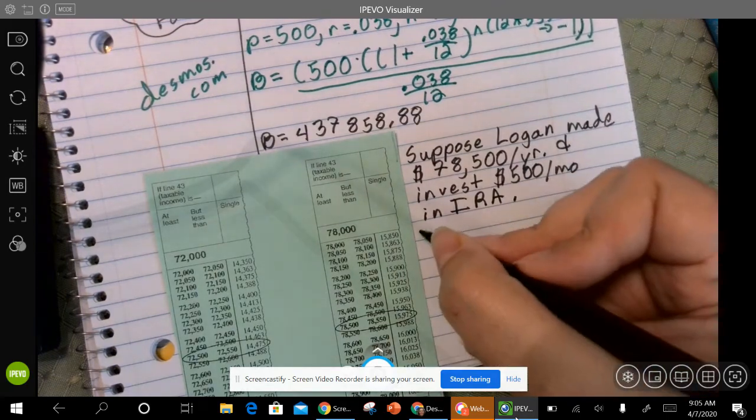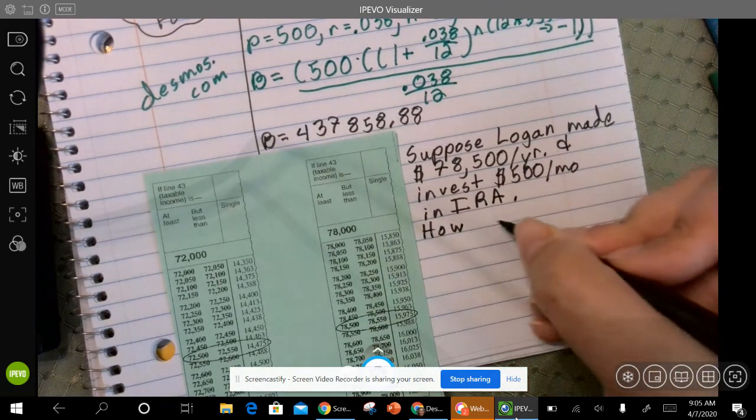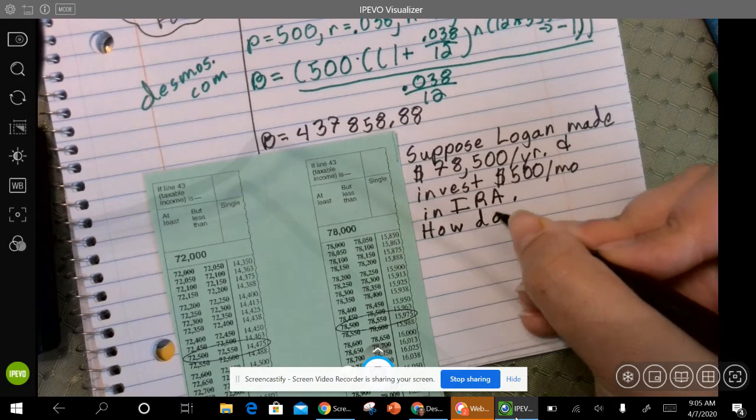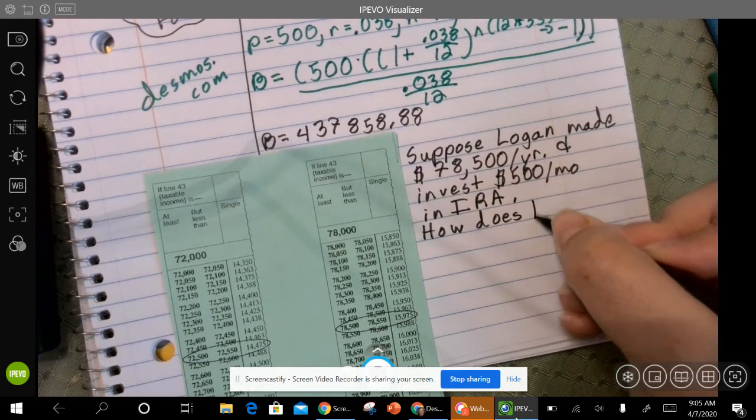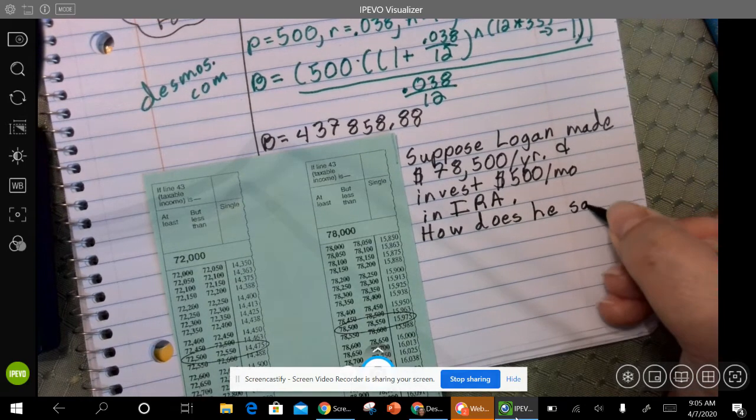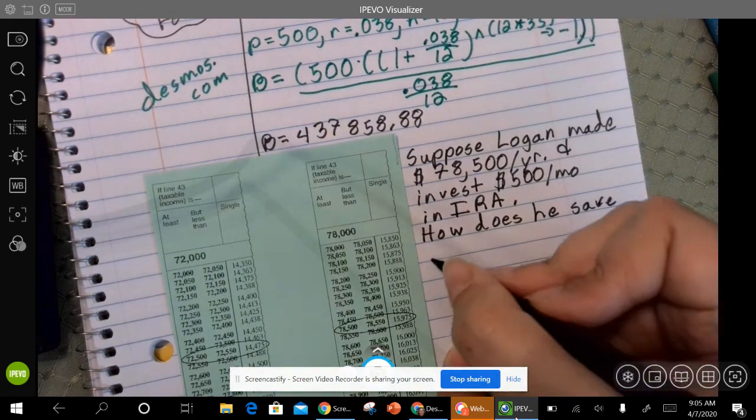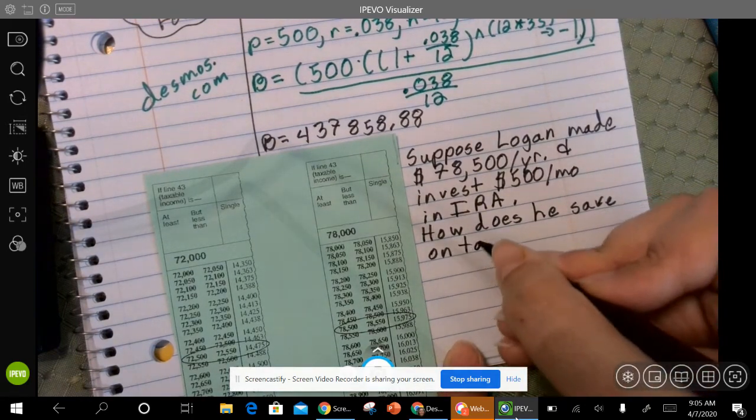And what we want to know is how much does he save on taxes?